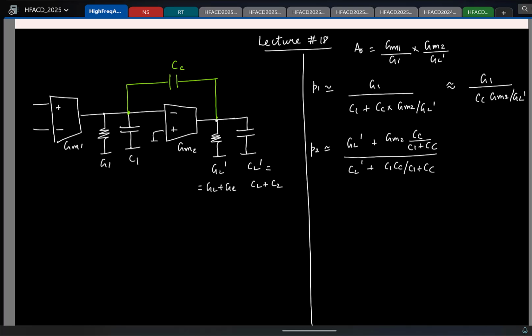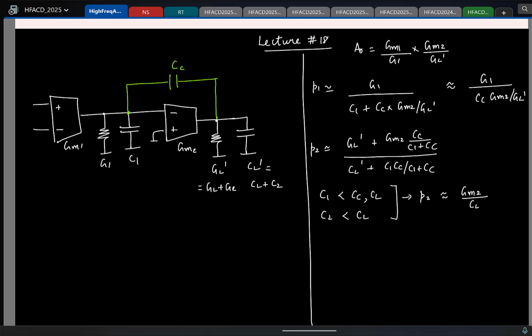So again here, if I say that my parasitic capacitance C1 is smaller than the compensation and the load capacitor, and if the load capacitor is higher than C2 at this node, then how can you further approximate P2? It's GM2 by CL prime, CL, right?